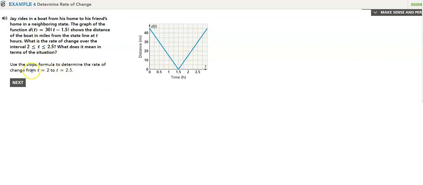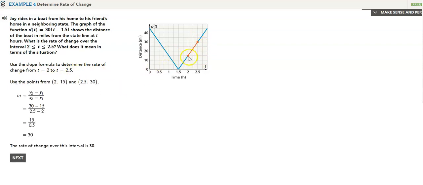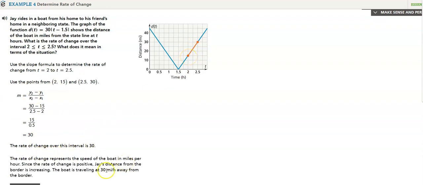So between t equals 2 and t equals 2.5, we use the slope formula to find that slope. You can see here they showed you that we're just looking at this segment of the graph. You use the slope formula like you're used to, and that tells me that during this point of his travels, Jay traveled 30 miles per hour.